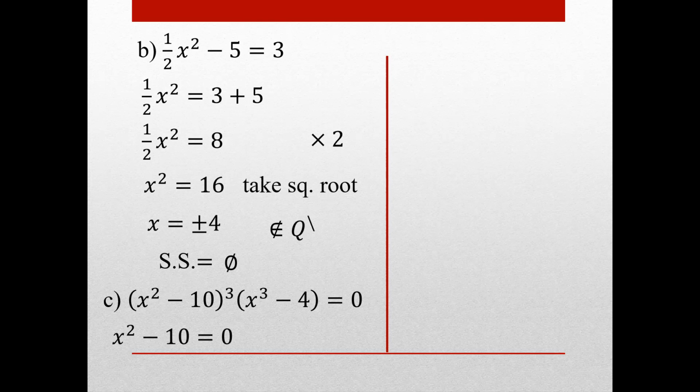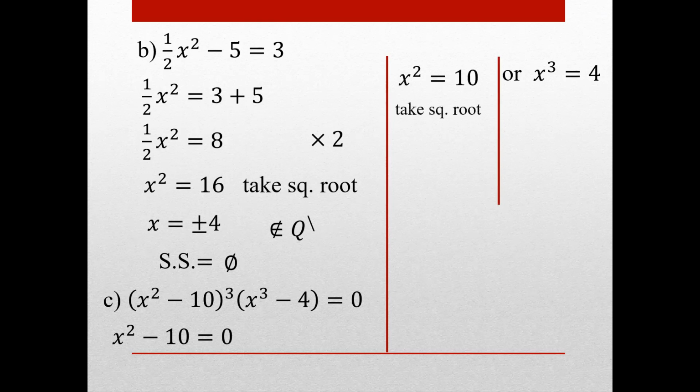So x to the power 2 minus 10 equals 0. We can move negative 10 to the other side with a positive sign, then x to the power 2 equals 10. We can take the square root of the two sides, and then x equals positive or negative root 10. And 10 is not a perfect square, so square root of 10 belongs to the irrational numbers.